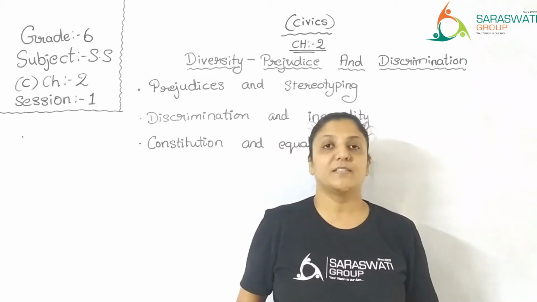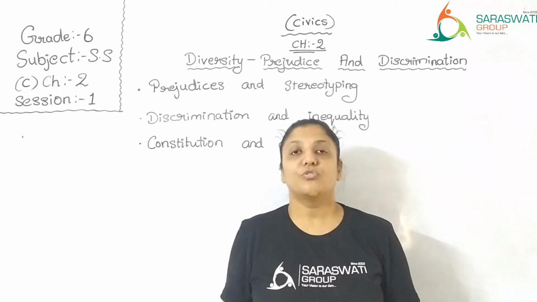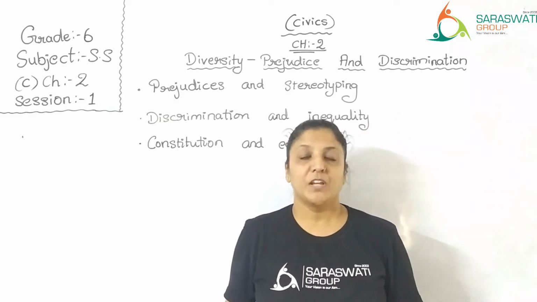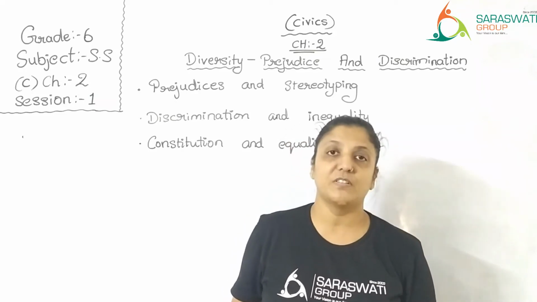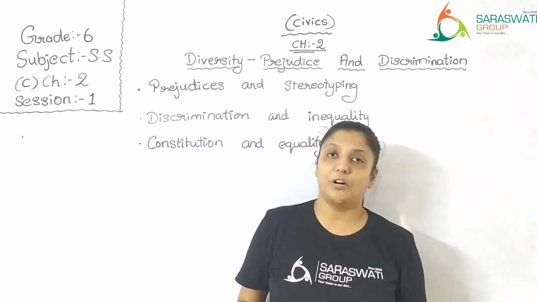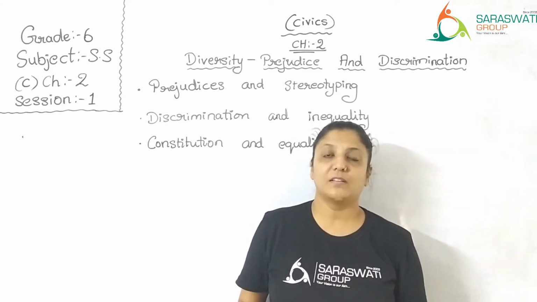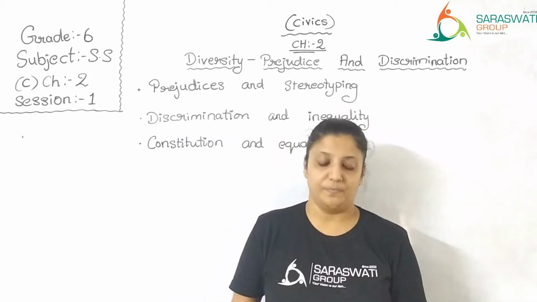What is prejudice and discrimination? That I have already explained to you through the PPT. In the PPT, I shared the meanings and some related pictures. I hope you have gone through the meanings and the pictures. Right? Okay. So now let's start this chapter explanation.